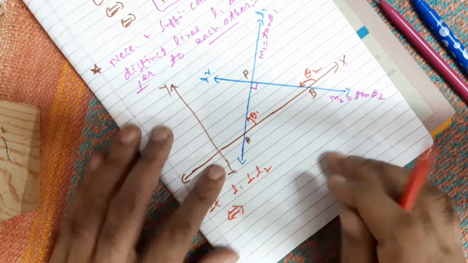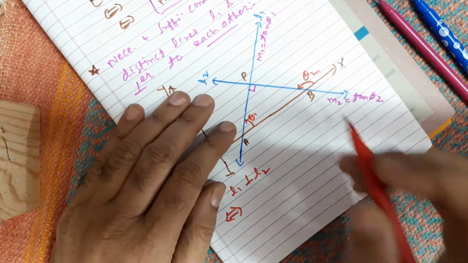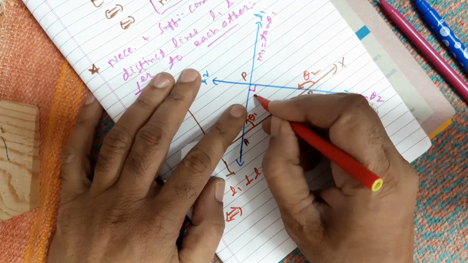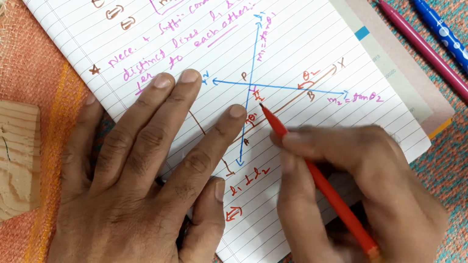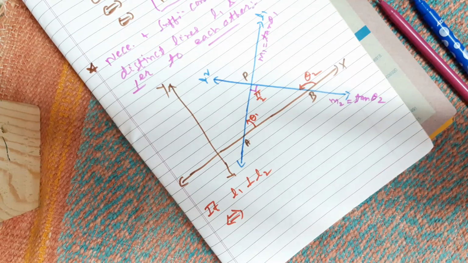Now, there are again two ways to write it down. What are the two ways? You know, this is 90 degrees. 90 degrees means you can say it's pi by 2 or 90 degrees. In radian measure, pi by 2. Now in geometry, there is one very important result. I am just speaking. If you want to note down, please note it down.